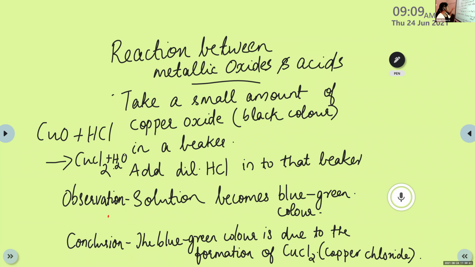Because in the previous reaction, acids and bases react with each other to form salt and water. Here the same products are obtained, and one reactant is acid, so the other one is basic in nature. So all metallic oxides are basic in nature, because the same product is obtained as in the neutralization reaction.